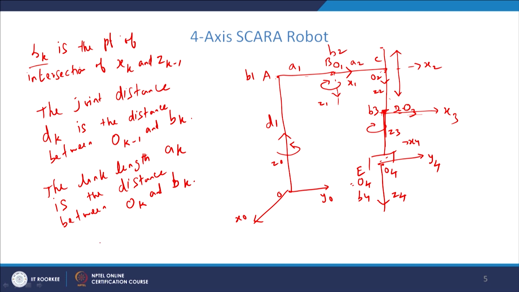So, the link twist angle alpha k is the angle between z(k-1) and z_k rotated about the x_k axis.